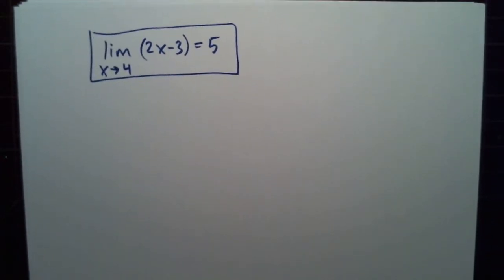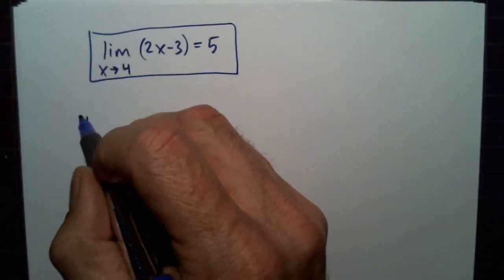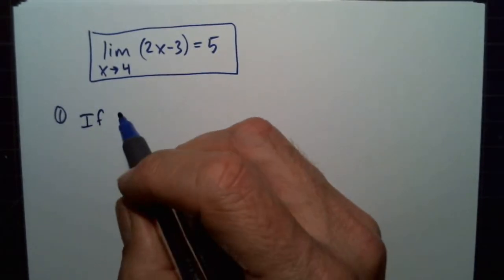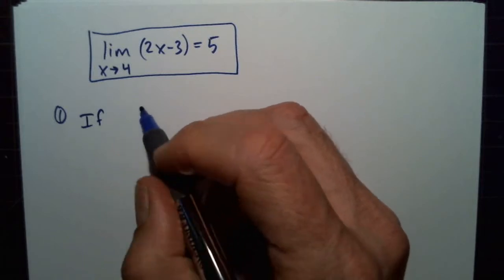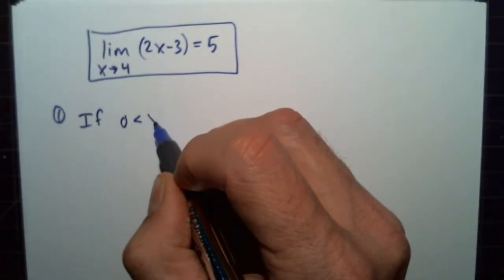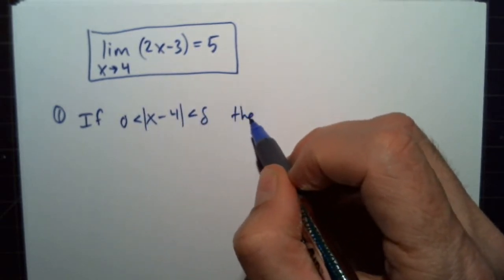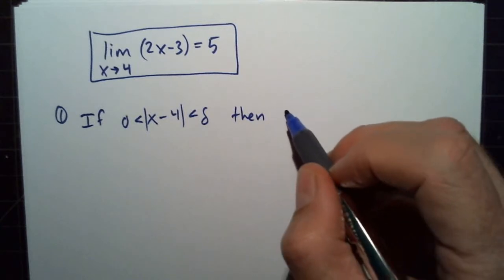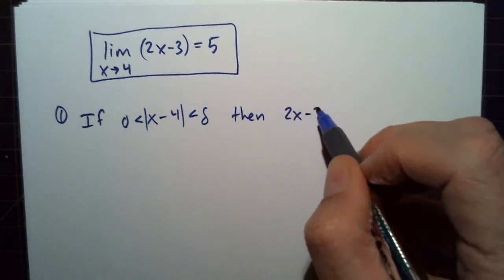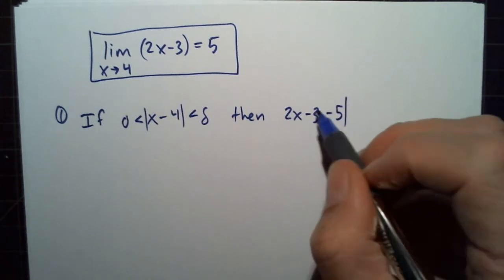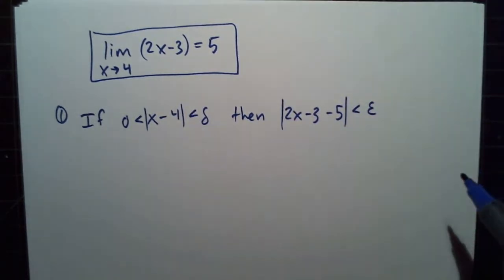Okay, try that with this problem. Pause the video. And so we must show that for each epsilon greater than 0, there is delta greater than 0 such that, here's step 1, I didn't write that first sentence, if 0 < |x - 4| < delta, then |f(x) - L| < epsilon.